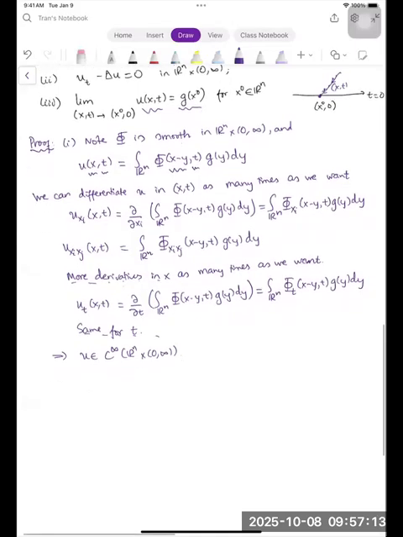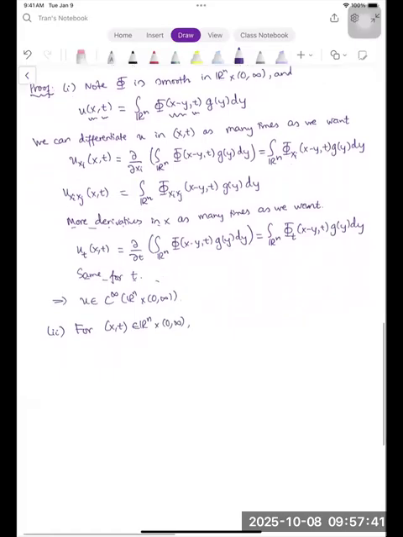All right, now let me prove the second thing, which is clear because of the fact that the fundamental solution solves the heat equation for positive time. Again, we are not talking about time zero yet, but for positive time the fundamental solution solves the heat equation. So let's take any x and t in Rn cross (0, infinity).